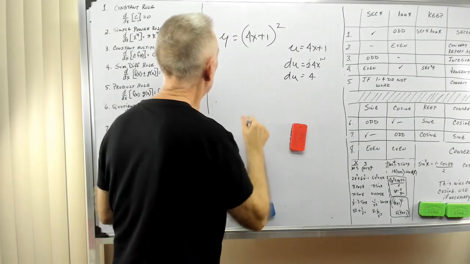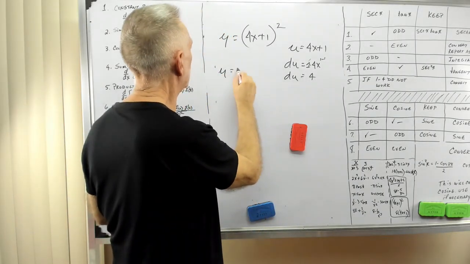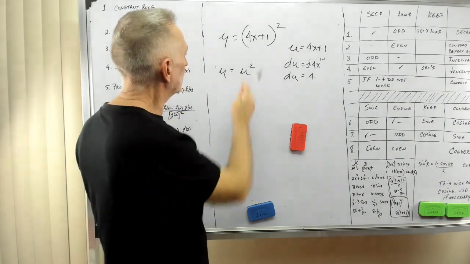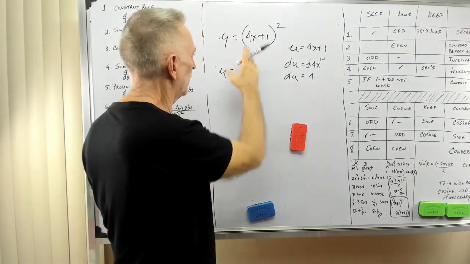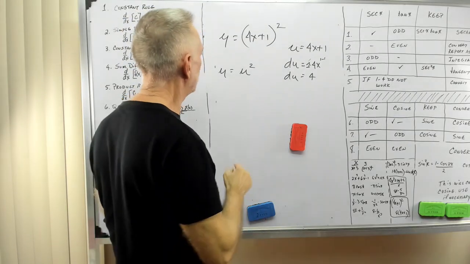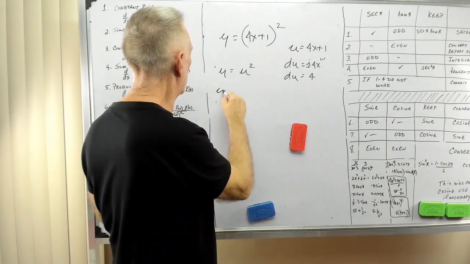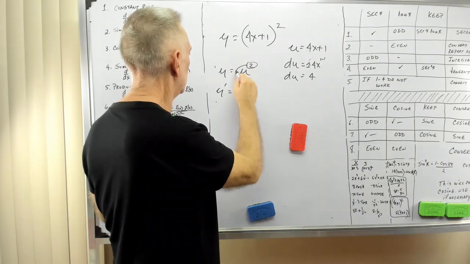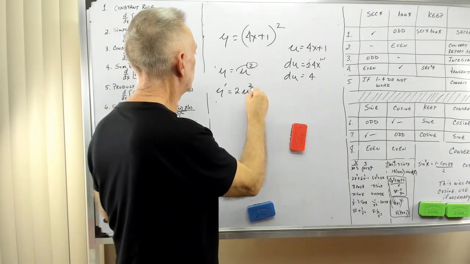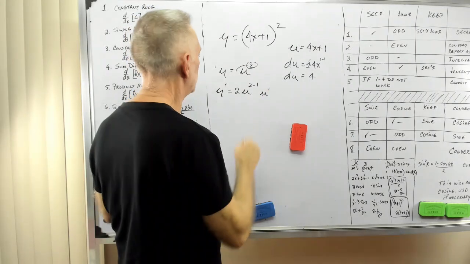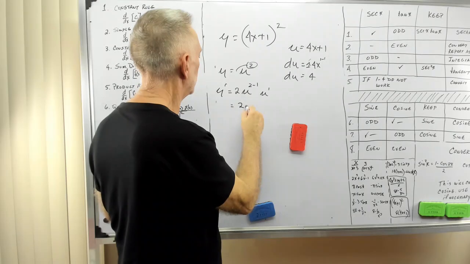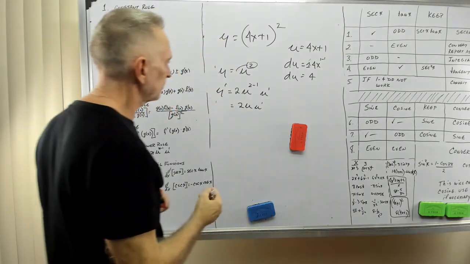All right, so we now have y equals u squared. Greatly simplifies it. If you get hung up on that, try to figure out what u might be and simplify. Now y prime is, bring the 2 down. 2 times u to the 2 minus 1 times u prime. So 2 u to the first power times u prime, derivative of u.